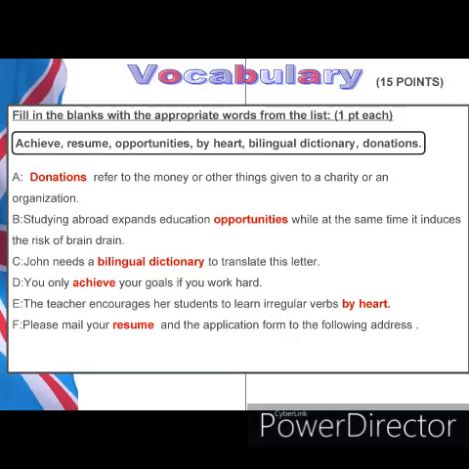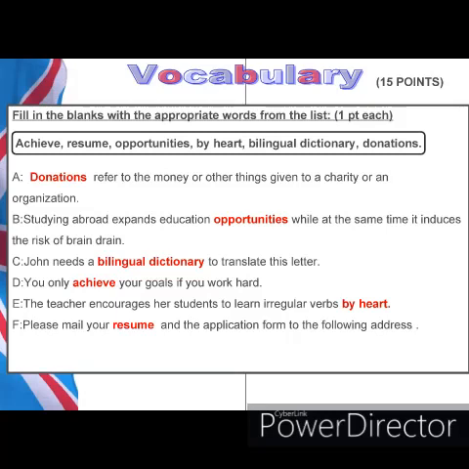You only achieve your goals if you work hard. Achieve, or we say also reach. Okay, the teacher encourages her students to learn irregular verbs by heart.